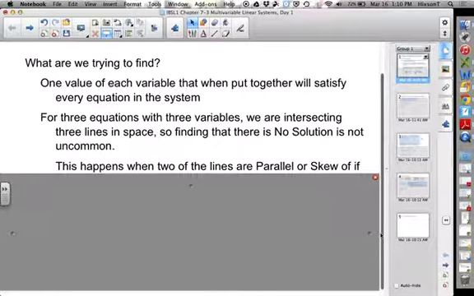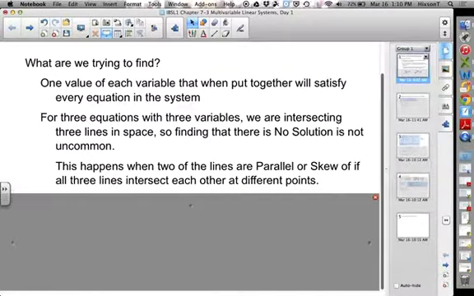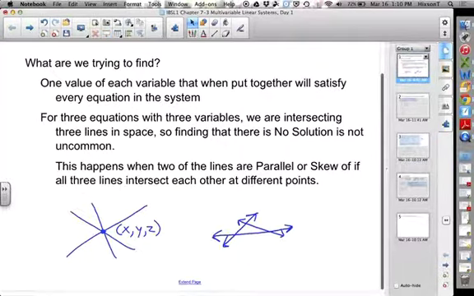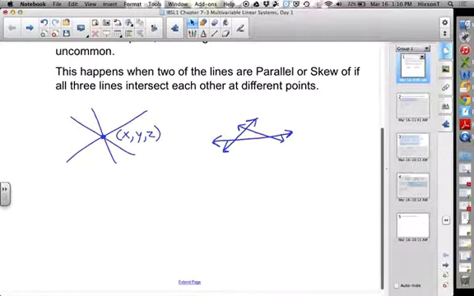And then another common occurrence is you have all three lines and they do intersect, but they don't intersect at the same point. They intersect each other at different points. Alright, and just so you can see kind of what it would look like, when there is a solution, there will be this one point, x, y, z, in three-dimensional space where all three of the lines coincide.